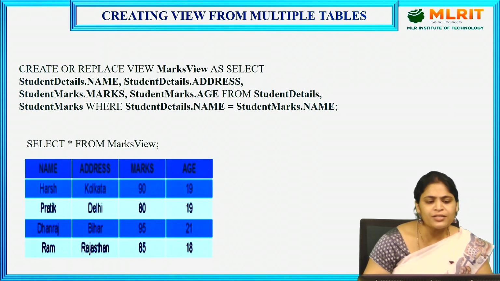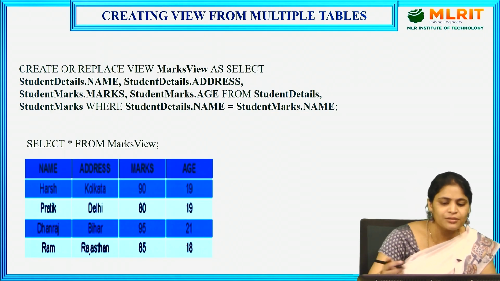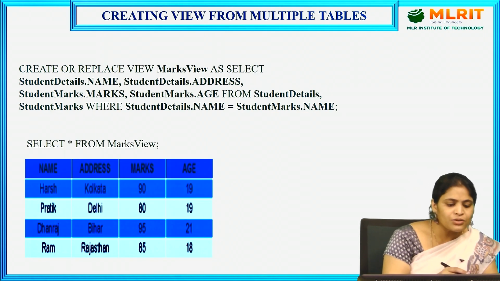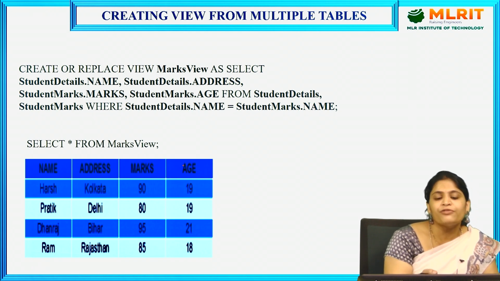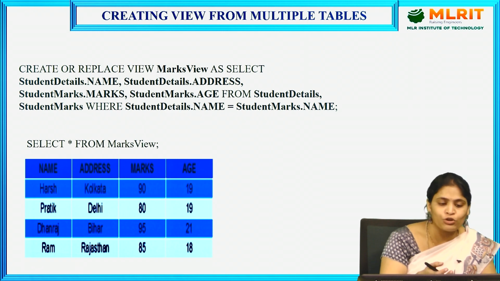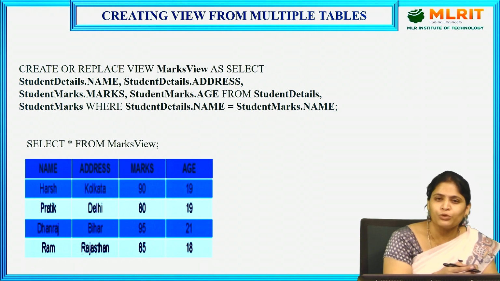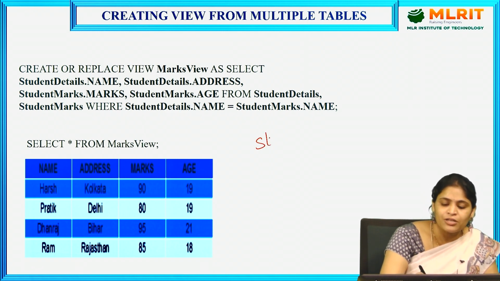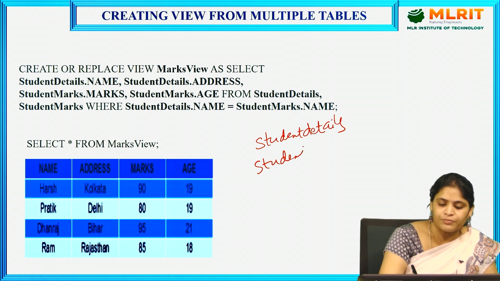The next one is creating a view from multiple tables. This is also the same example. Here, instead of retrieving 3 columns, I retrieve 4 columns from the base tables. What are the base tables here? Student details table and student marks table.